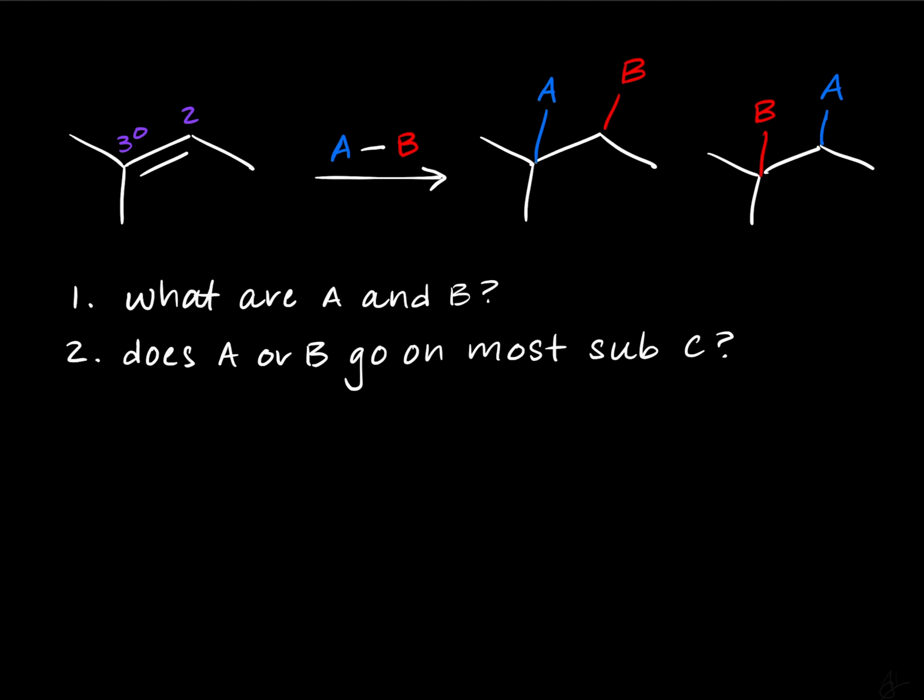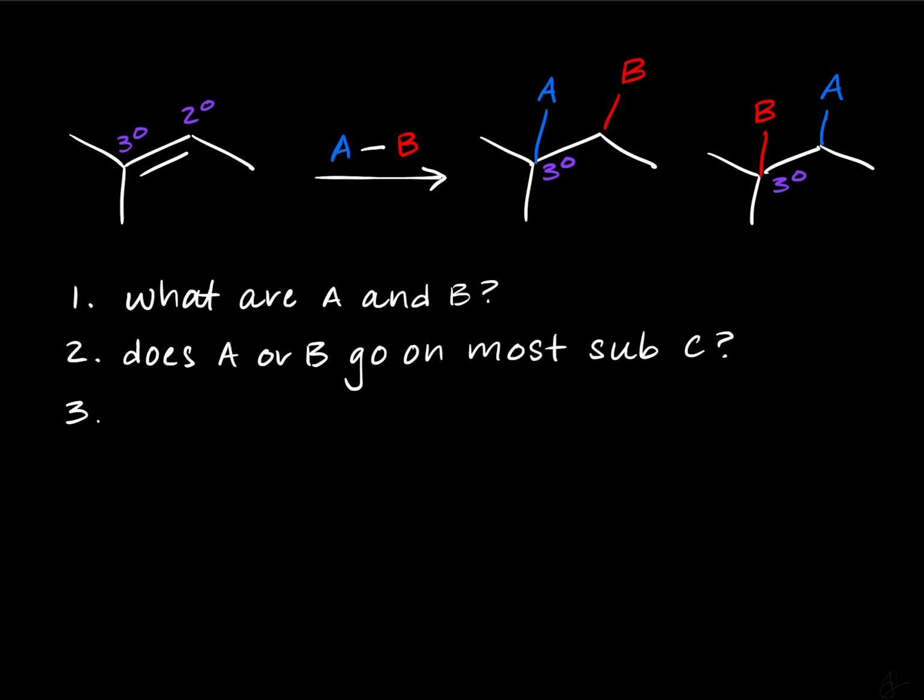It is a secondary carbon. And so our most substituted carbon in this case is going to be our tertiary carbon. And so notice that for the products, A got added on the tertiary carbon in the left product, but B got added on the most substituted tertiary carbon in the right product. So this is the question that we're asking. Does A or B go on the most substituted carbon?